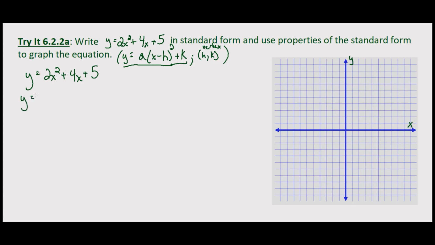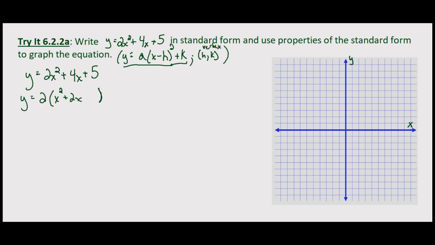Well, again, we're going to complete the square here. So what that means is we're going to factor out whatever common factor we have with the 2x squared and 4x terms coefficients. So we have 2 and 4, which means they share a common factor of 2. So we're going to take that out, and that's going to leave us with 2 times (x squared plus 2x).